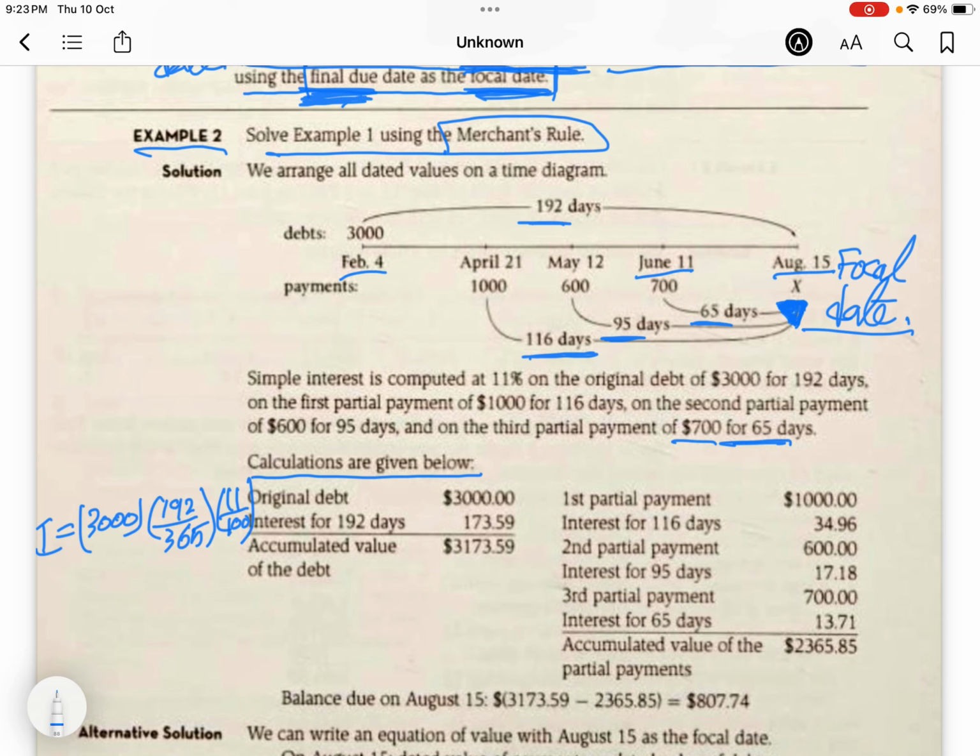That is 3,000 multiplied by 192 multiplied by 11 divided by 36,500. It will be 173.59. Added to it, you will have the accumulated value for the debit.